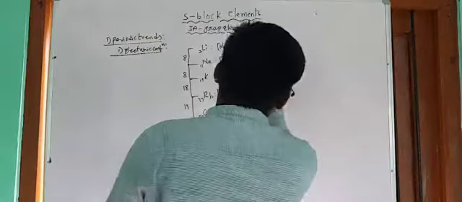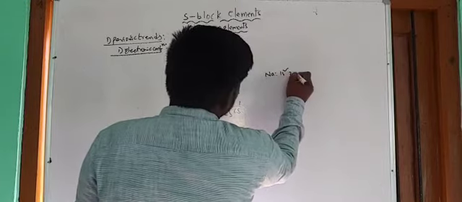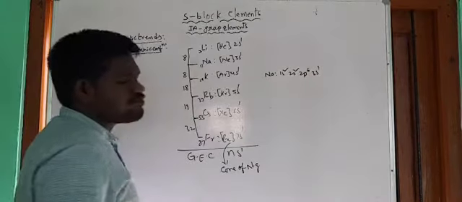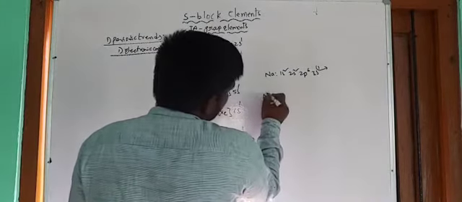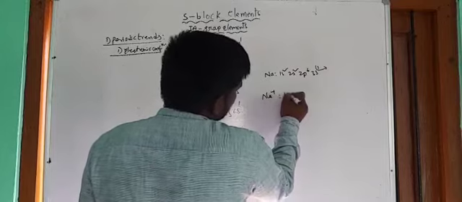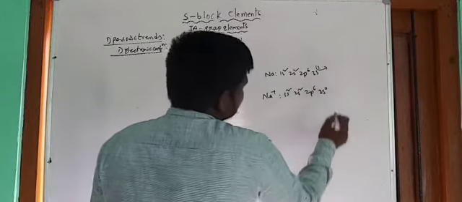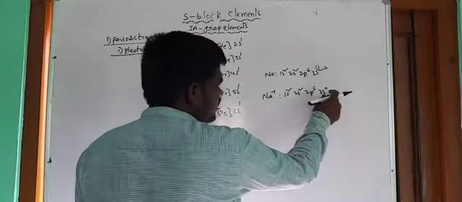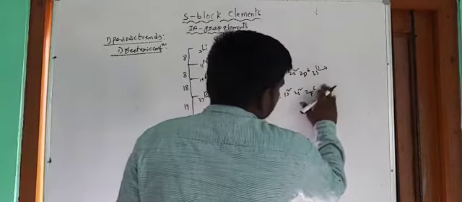For example, take sodium electronic configuration 1s2, 2s2, 2p6 and 3s1. After losing this electron, sodium is very stable: 1s2, 2s2, 2p6 and 3s0. When the electron is removed, if there are no electrons in the orbitals, then you no need to write that one.